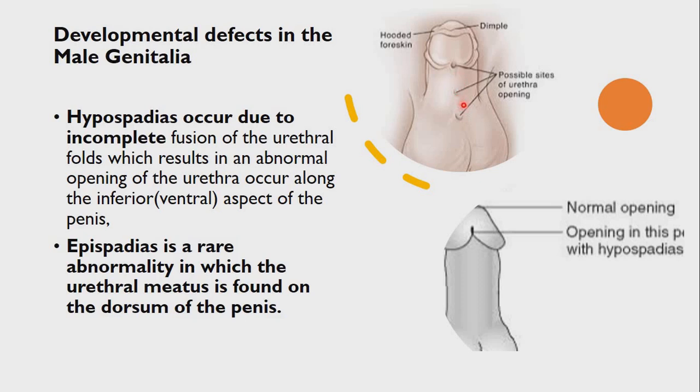Here you can see that the opening occurs on the ventral aspect of the penis. There is a rare abnormality in which, instead, the urethral meatus is found on the dorsum of the penis. So the two developmental abnormalities of the urethral opening: either it is on the ventral aspect and is called hypospadias, or it is on the dorsal aspect of the penis and is called epispadias.